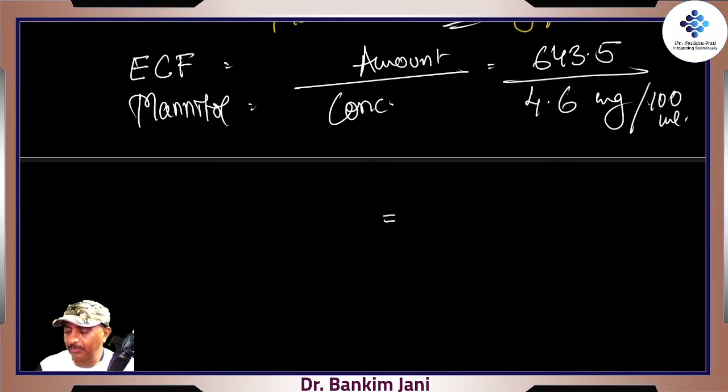643.5 upon 4.6. Roughly divide by 5, so it would be around 140. Four 4s are 16, roughly. Anyone can calculate 643.5 divided by 4.6. Should I take the calculator out, or will you write it?